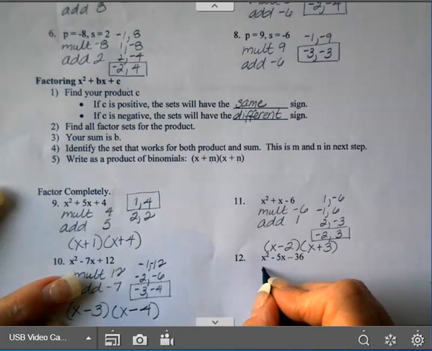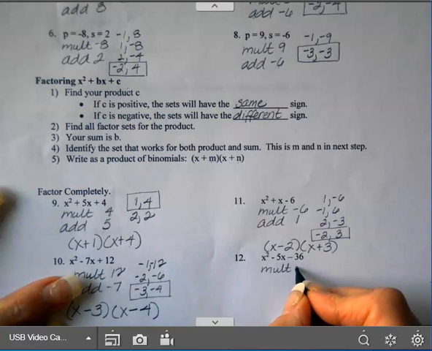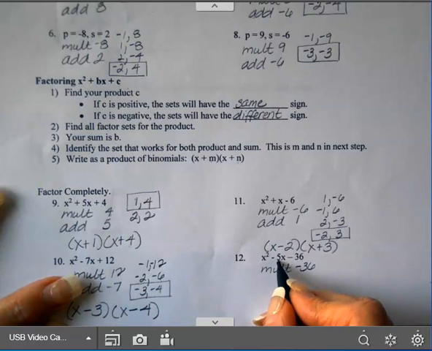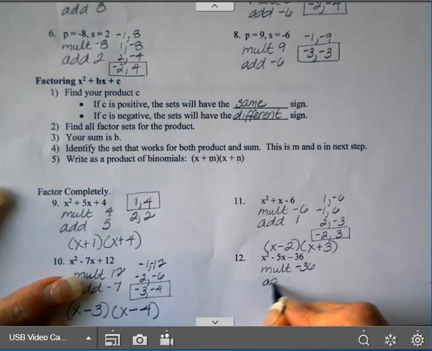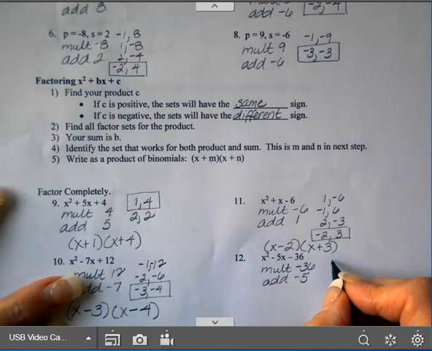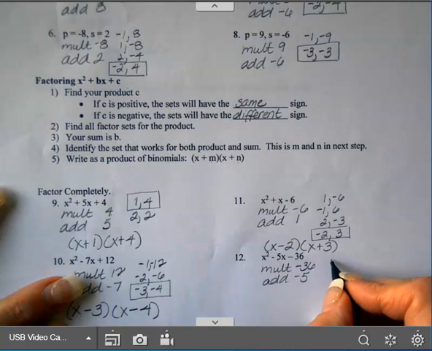Last one needs to multiply, have a product of negative 36. It needs to add, it has to have a sum of negative 5. And let's write our possible ones. Since it's multiplying to a negative, we know that one of them has to be negative, one of them has to be positive.